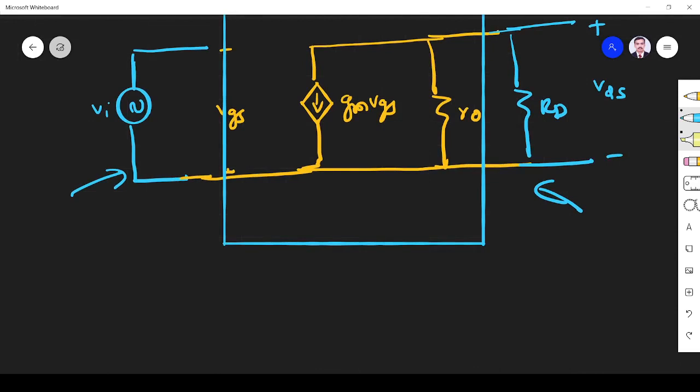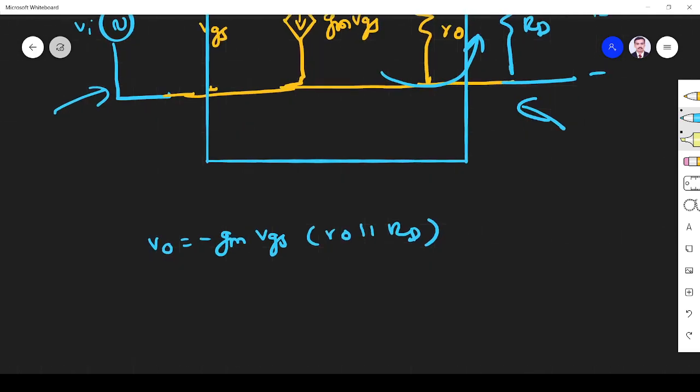So from this, how can we find the gain? Small signal gain. We know what VO is. VO is this one. So the drain current is GM VGS. So this current flows here, right? So what is my VO? VO is minus GM VGS into RO parallel RD. In the parallel combination, the drain current flows. So what is VGS? VGS is equal to the input voltage.